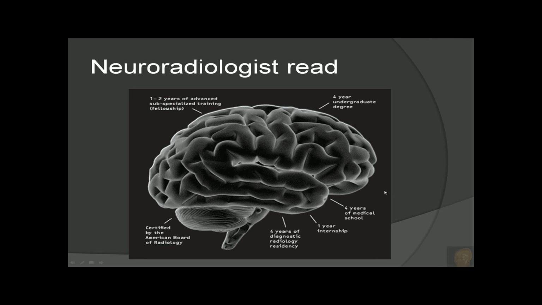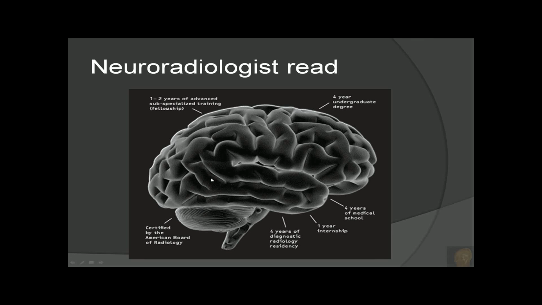After graduating from college, we go to 4 years of medical school, and then 1 year of internship either in surgery or internal medicine, and then regular 4 years of diagnostic radiology, studying all aspects of radiology. In addition, we need 1 to 2 years of more subspecialized training, which is what our neuroradiology fellowship is about. And then we have to be tested and certified by the American Board of Radiology.